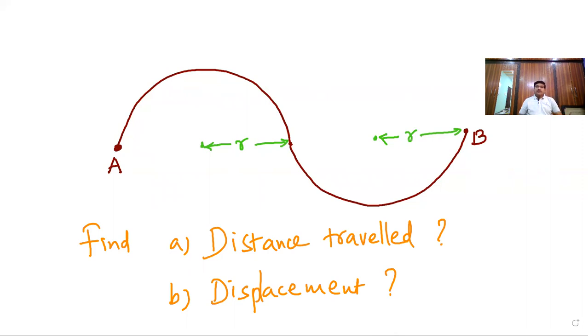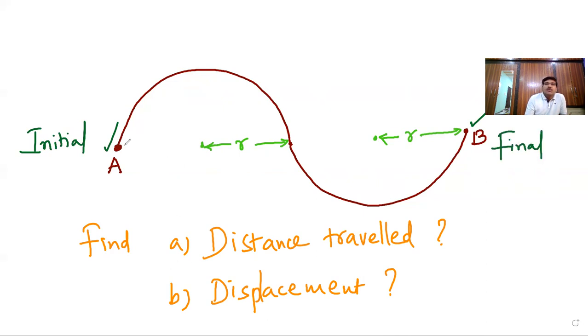These are the two things he's asking. Now observe the problem. The man is starting his journey from the point A, the initial position, and ending his journey at the final point B, the final position.